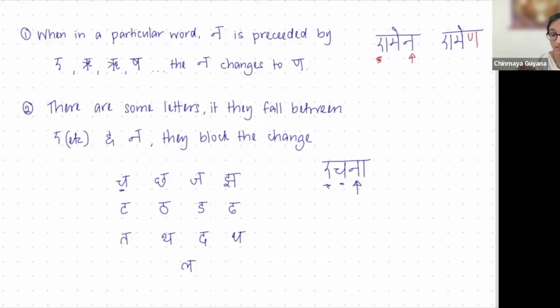So what are the letters? R, R, R, and sh. These four letters are our difficult, complicated letters. So when they come in a word, they're going to cause trouble. What is the trouble that they're going to cause? They're going to take na and convert it to the retroflex na.